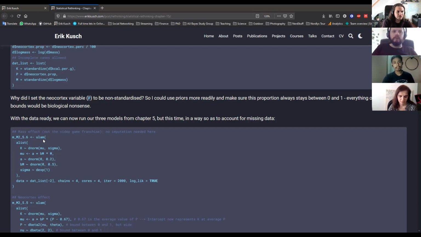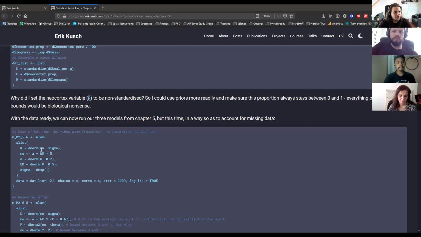ULAM is more magical because you can have stuff in the wrong order, like Richard is writing all the models upside down. In PyMC3 you have to write them prior to likelihood because it's Python, so it evaluates this line, then this line, and it cannot evaluate this line without knowing the prior it depends on. Because it flows that way, you can just have a transformation in the middle of your model and everything is fine.